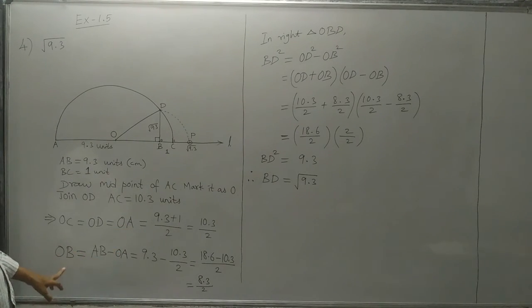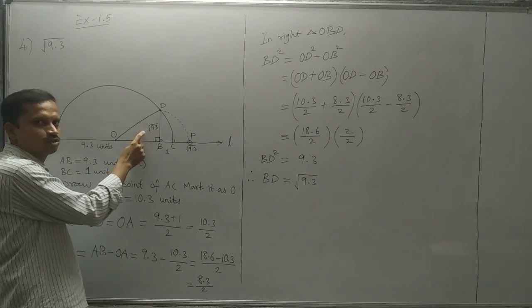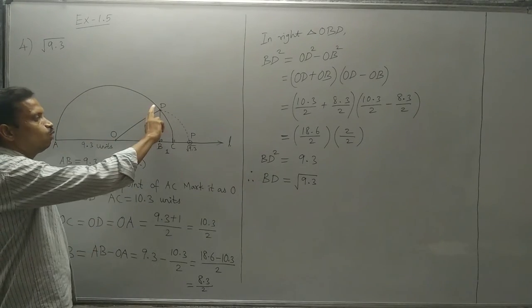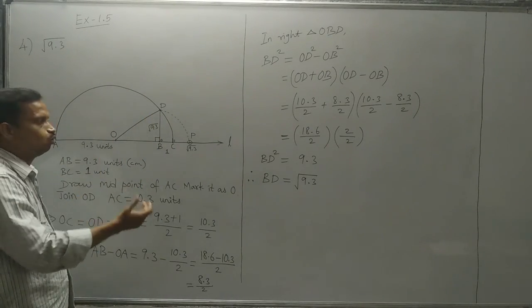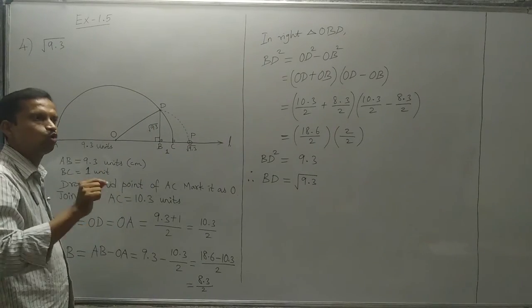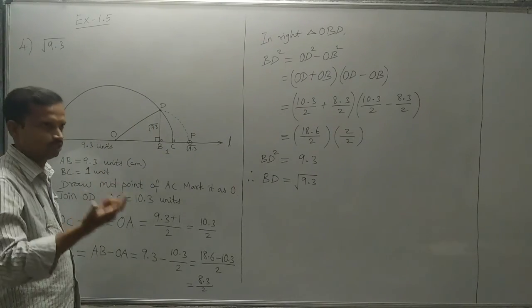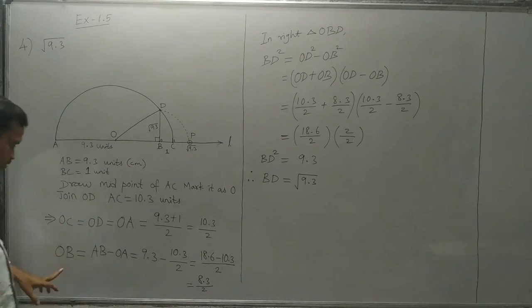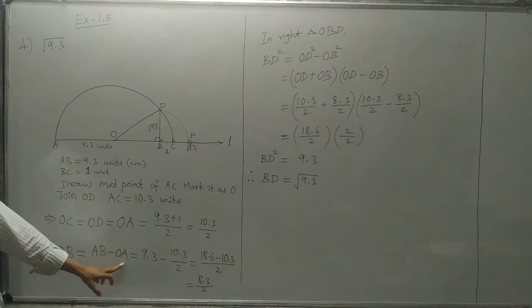So OB, now we are going to find OB. Why? Because in this right triangle OBD, we want BD. We have to prove BD is root 9.3. For that, we need OB and OD. So we are trying to find OB. What is OB? You see the figure. OB is AB minus OA.